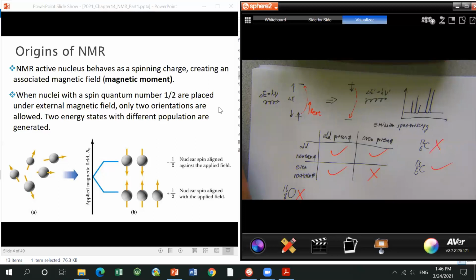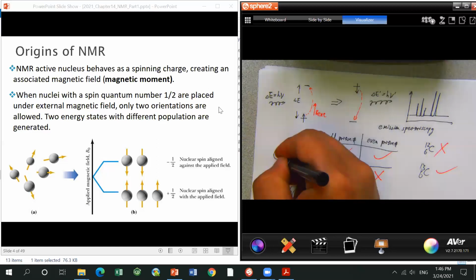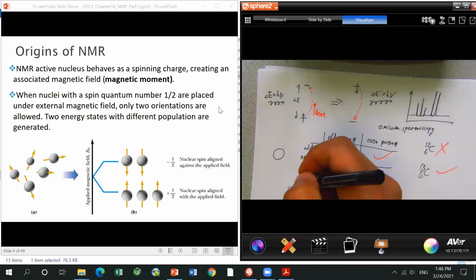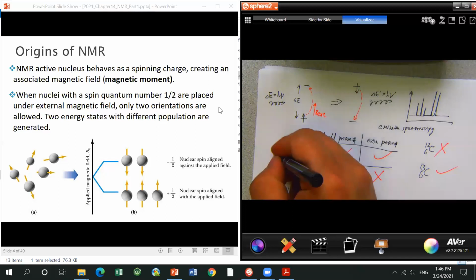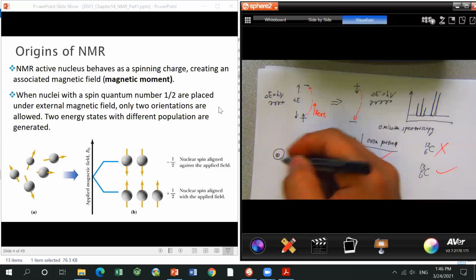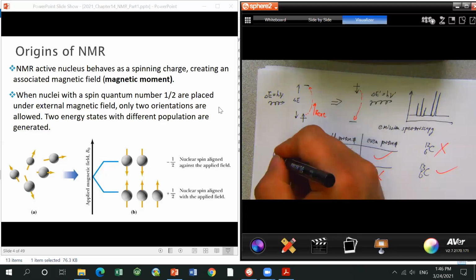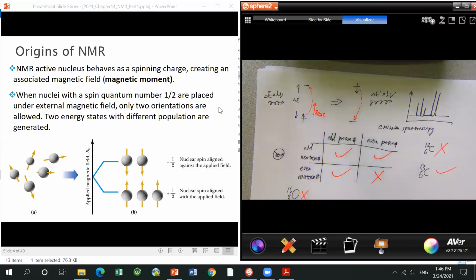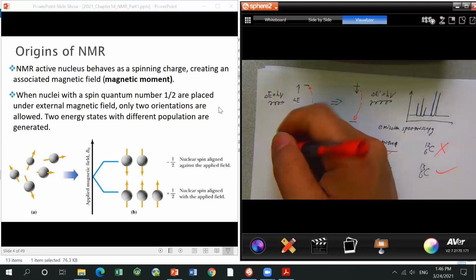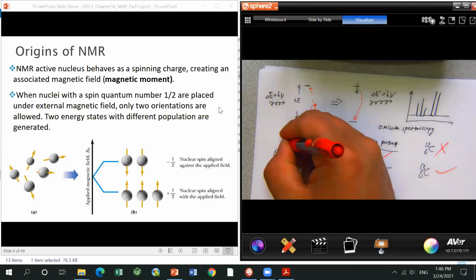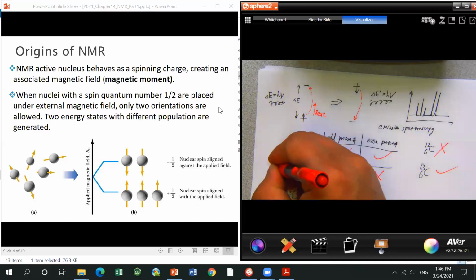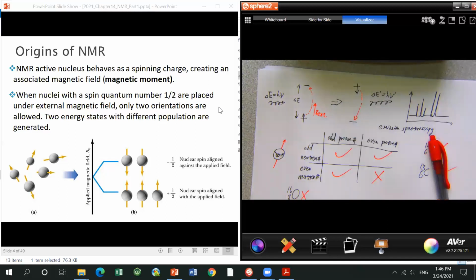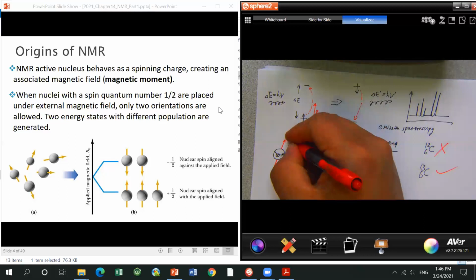In one nucleus there are a lot of protons inside, and these protons circulate in the nucleus, for example in this direction. Once they circulate this way, we generate a magnetic field, so we show the magnetic moment like this.